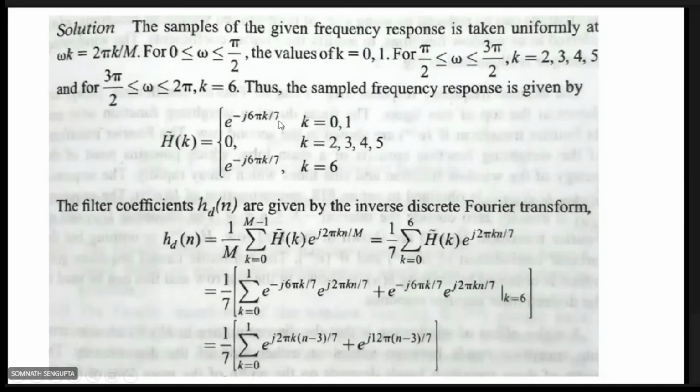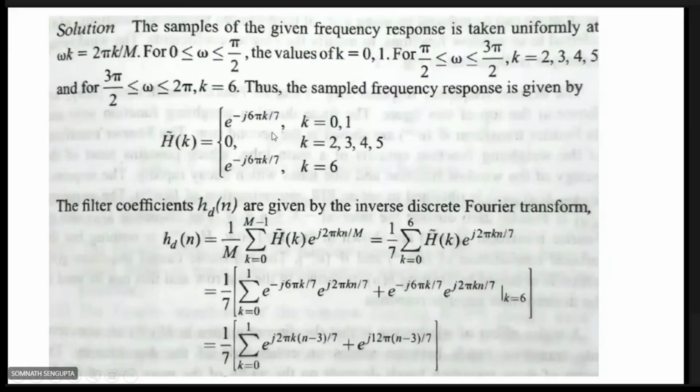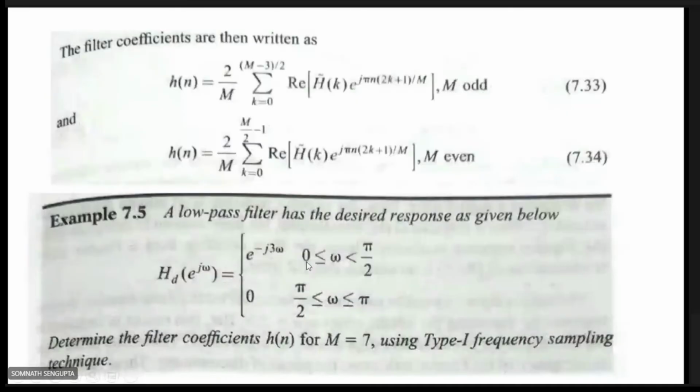According to the function given, e to the power minus j3 omega, where omega is 2 pi k by 7, so it will be 6 pi by 7 into k. So for k equal to 0 to 1, because for these values omega falls within this range 0 to pi by 2.